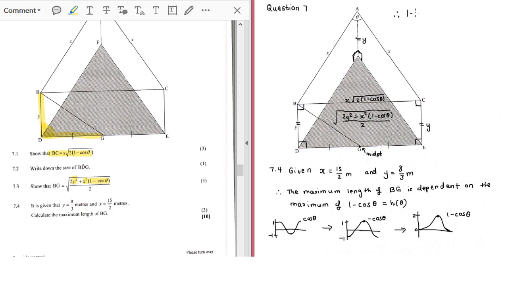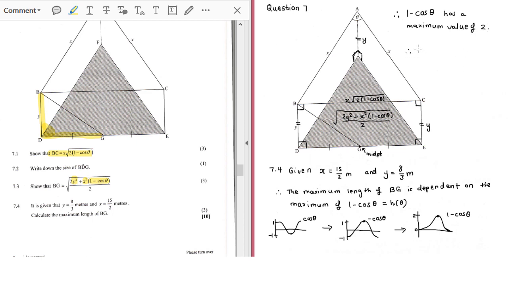So then we're going to say, therefore, 1 minus cosine of theta has a maximum value of 2.